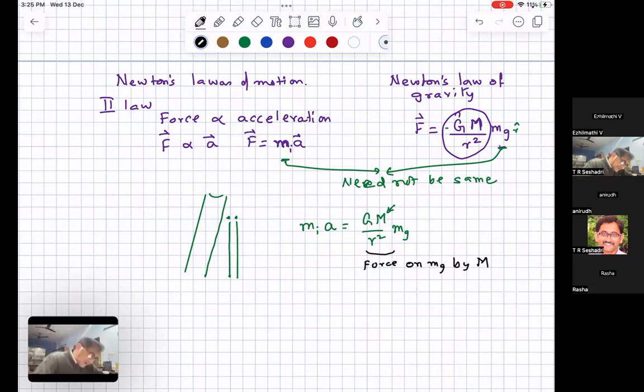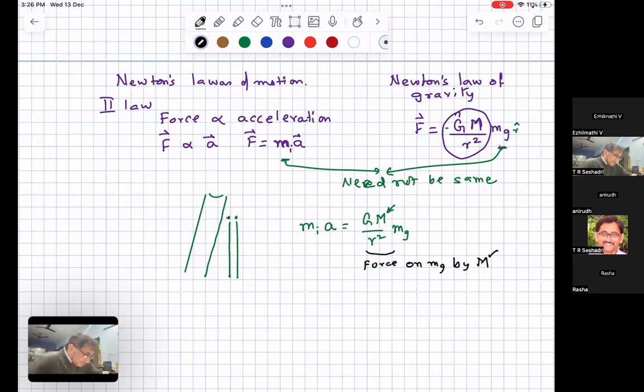Now, about this capital M, I may call it mass right now, but I do not care whether it is mass or any other parameter. For me, this G M by R square is an agency, which is gravity, which makes mg move. So I don't have to bother about whether capital M is mg, mi, or anything else. Like, for example, suppose I have electromagnetism. Then also this will be the electric field. So this is true for anything.